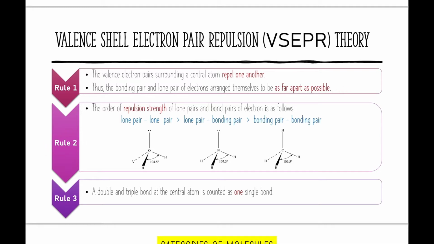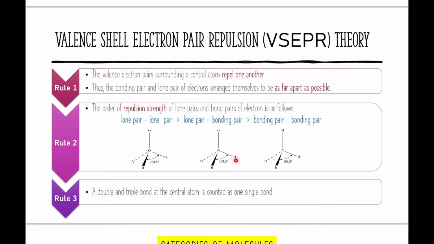The second rule is the order of repulsion strength of lone pairs and bond pairs of electrons is as follows. Lone pair and lone pair repels the greatest. Therefore, the bond angles between the bonding pairs are the smallest, followed by lone pair and bonding pair repulsion.